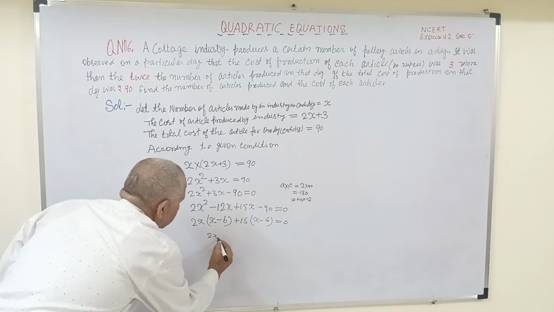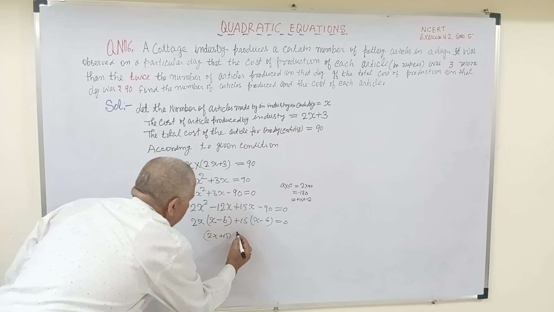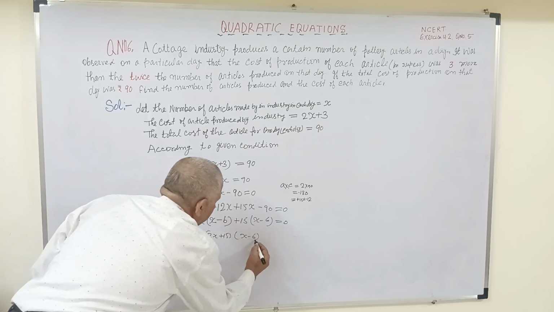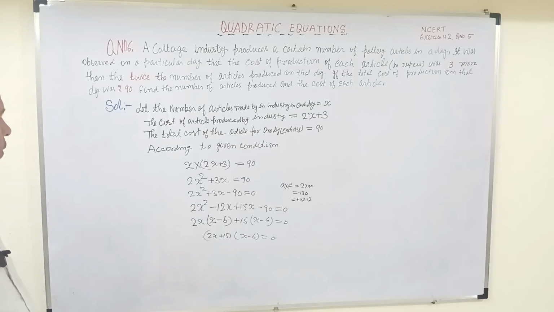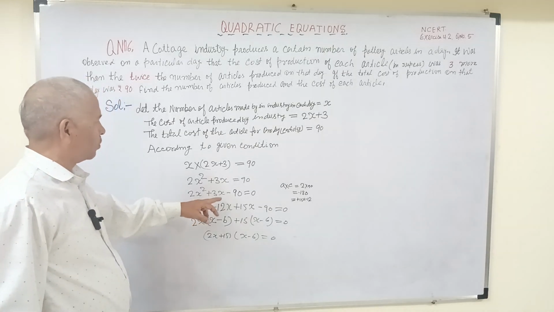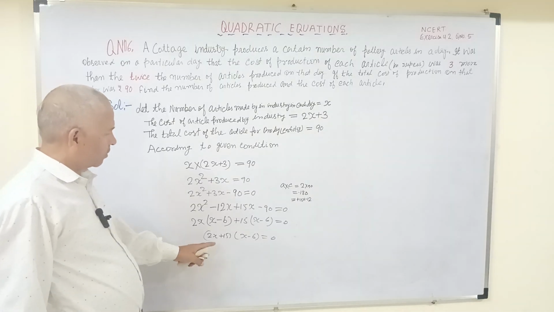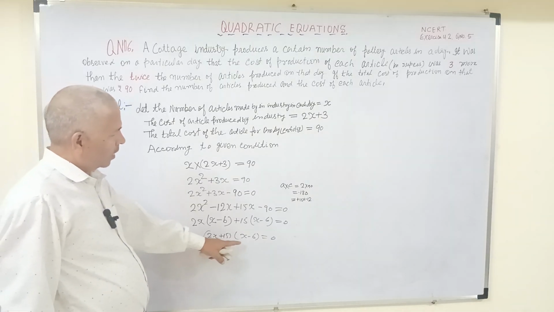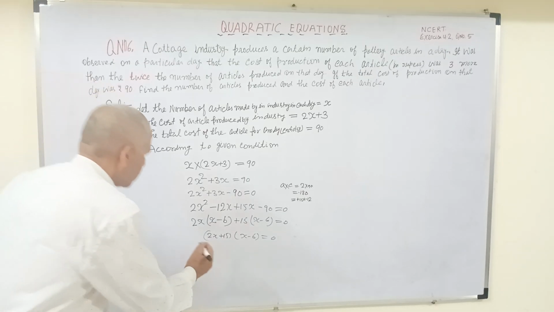So 2x plus 15 and x minus 6 equals to 0. Now we have got the two linear factors. After solving the quadratic equation 2x square plus 3x minus 90 equals to 0, the factors are 2x plus 15 and x minus 6 equals to 0.